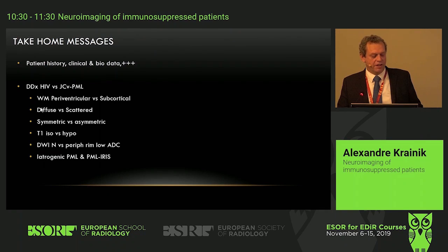For HIV they are diffuse, while for PML they are scattered. HIV lesions are symmetric, while PML are asymmetric. On T1, HIV lesions are isointense. It's very hard to see them. But for PML, the dark hypointensity on T1 is very, very suggestive.